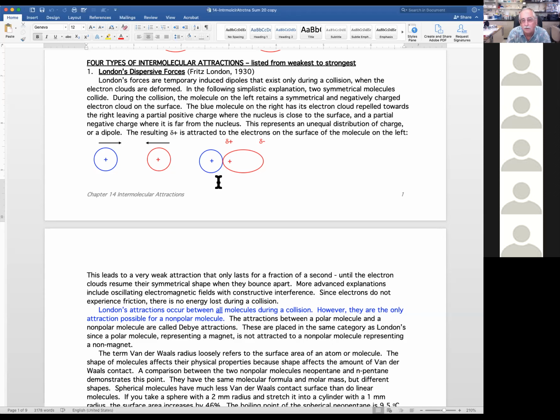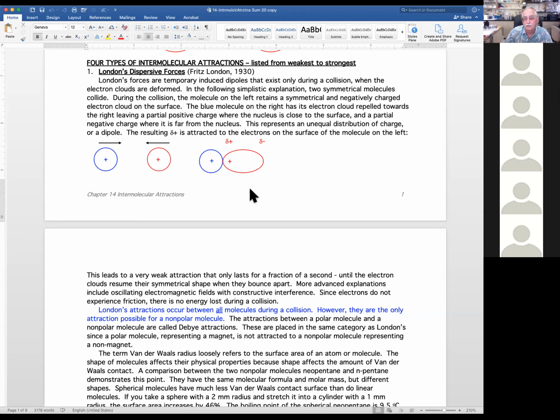And then they bounce apart without losing any energy, because electrons never bang into other electrons. Electrons don't pass through anything except for a total vacuum, so electrons do not experience friction. So these things smash into each other, and for a fraction of a second, they're attracted to each other. And then they bounce apart just like nothing happened.